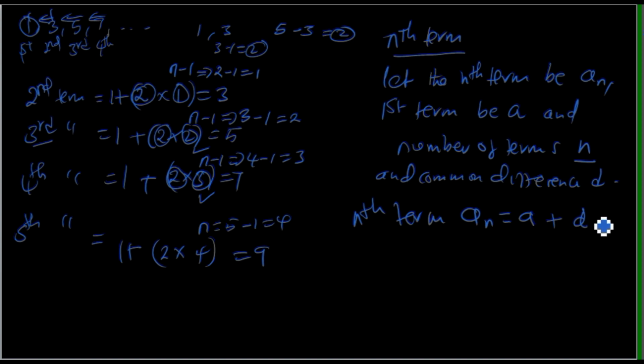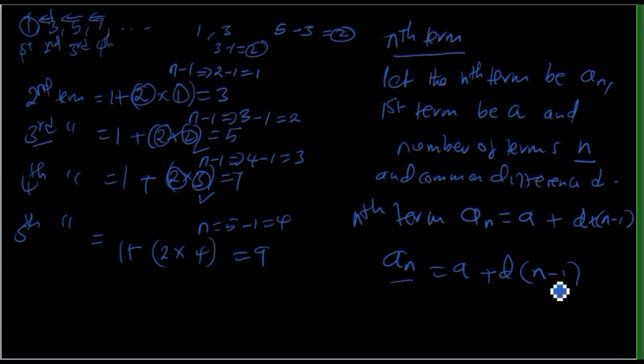And then this 2, you multiply by n minus 1. So, whenever you want to get the nth term of any value in an arithmetic progression, you use the formula: nth term equals A plus D into n minus 1, where A is the first term, D is the common difference between successive terms, and n is our number of terms.